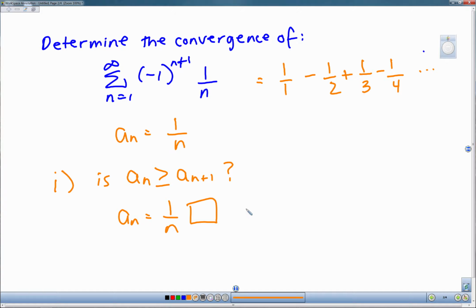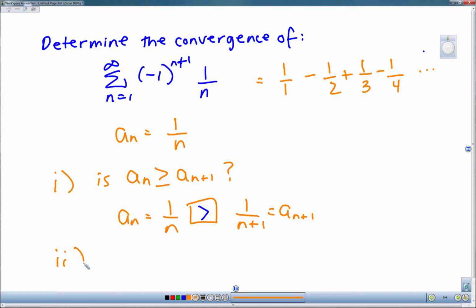And how will that compare to 1 over n plus 1, which is what we would describe as our n plus 1 term? Well, for every value of n that you choose, this is always going to be greater than this value here. And so whenever you are dividing 1 by a number that is larger, this ratio will always be smaller than a ratio in which you're dividing by a smaller number. So this relationship holds, and therefore the first condition is met.